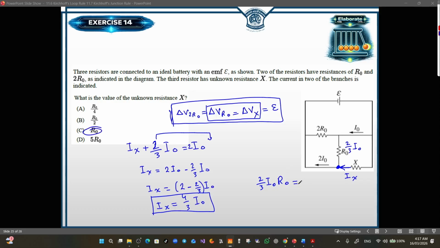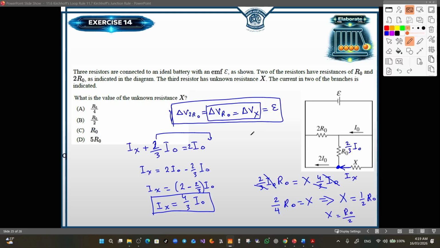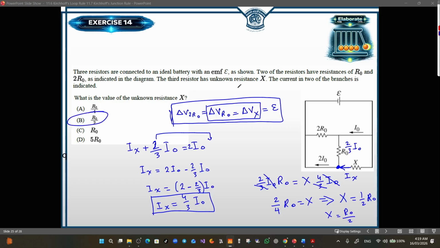Now it's equal to the delta VX, and the delta VX is the resistance times the current, and the current through X is 4 over 3 I0. Now I0 with I0 cancels out, 3 with 3 cancels out, so 2 over 4, we divide both sides by 4, and R0 over 2 is equal to X, which means X is equal to 1 over 2 R0, so X is equal to R0 over 2. And the correct answer is B.